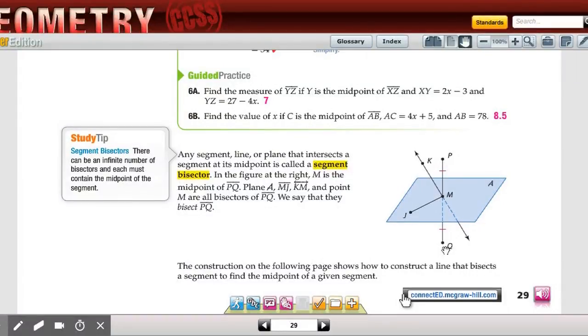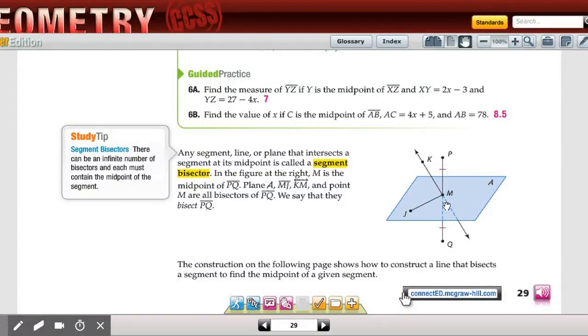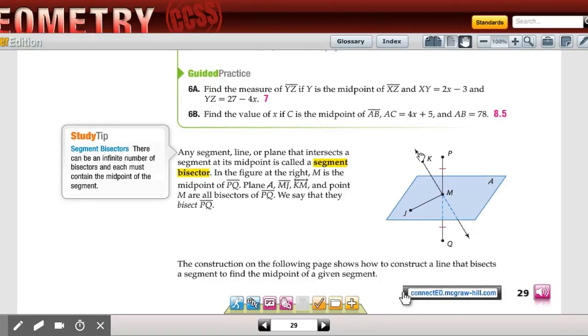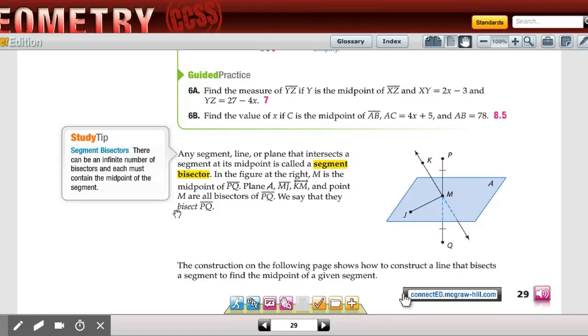Plane A goes right through M, so it's a segment bisector. MJ, this segment here, is a segment bisector. KM, this line goes right through M. That's a segment bisector. Point M itself is a bisector. Okay, they all bisect, not dissect. No disgusting science, biology stuff here. Just bisecting. So there you go.